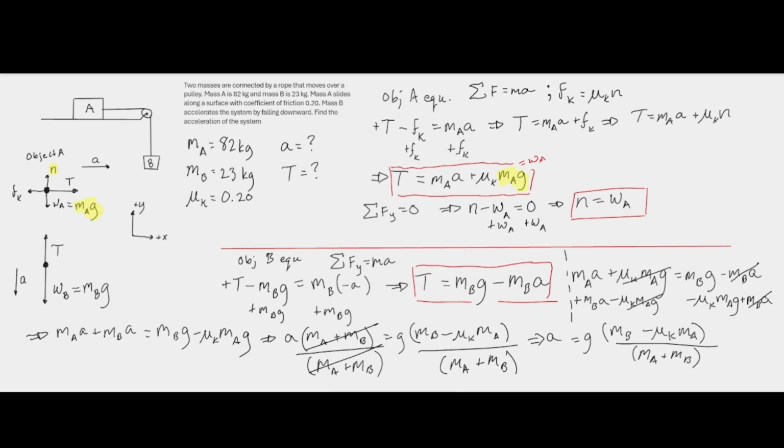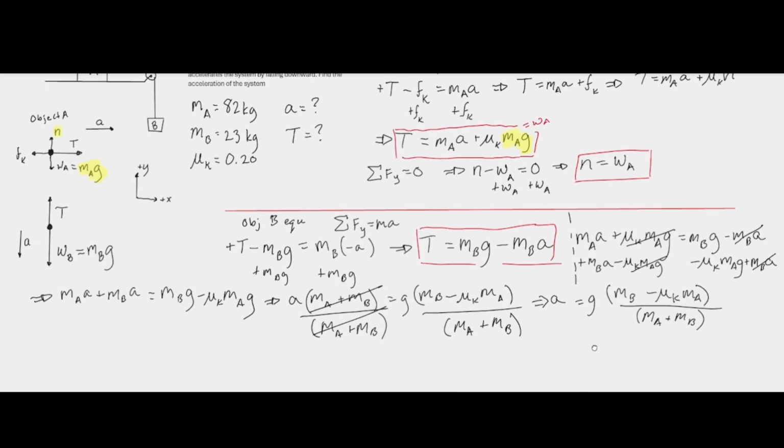And after all that work, we're now ready to plug in the numeric values here. We have the masses, we have the coefficient of kinetic friction, and we know what the acceleration due to gravity is. So I will move this up a little bit and we'll go ahead and finish this problem and get the numeric values.